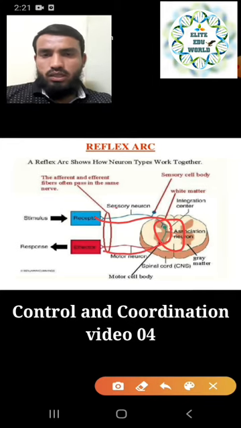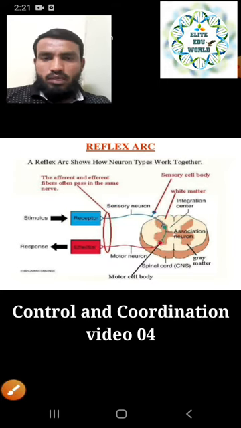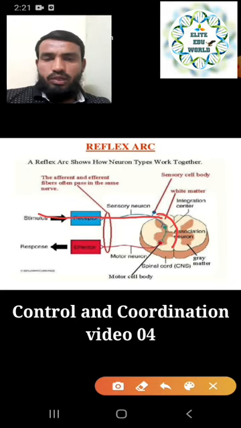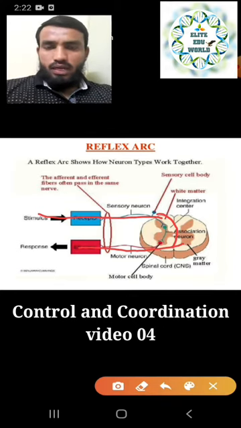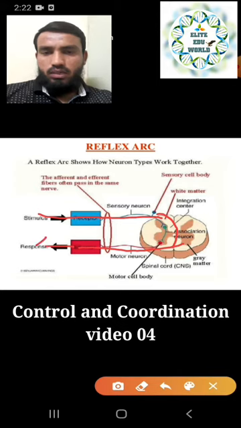So both of these come together in one nerve. The same thing happens: the stimulus is generated at the receptor, goes through the sensory nerve, and reaches the spinal cord. There is a mixed nerve, and again it is taken through the motor nerve to the effector, any muscle or gland, and the response happens. Keep the same thing in mind here also.